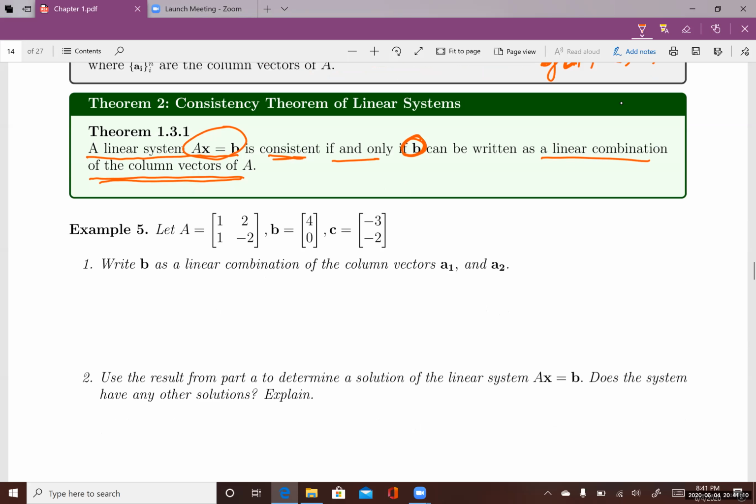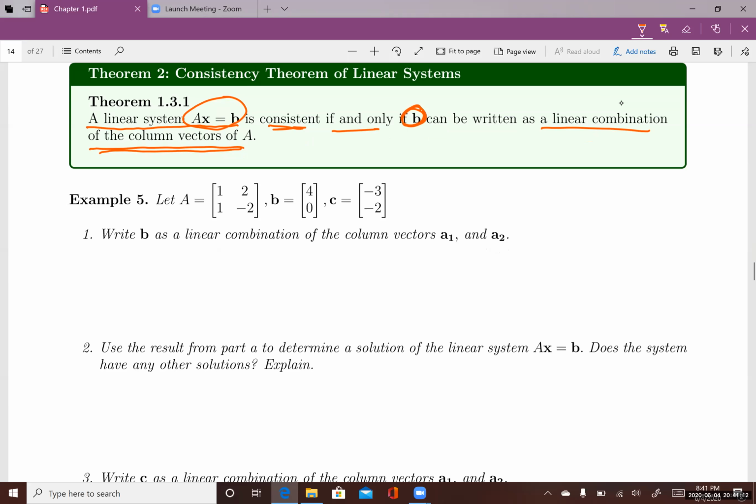So let's try an example. If you have a matrix A, this is a 2 by 2 matrix, and B is a column vector 2 by 1. C is another column vector 2 by 1. First thing you want to do is write B as a linear combination of the column vectors A1, A2.